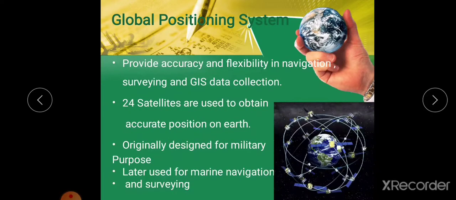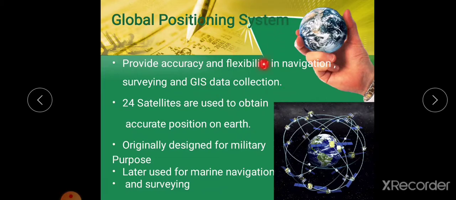And this system provides accuracy and flexibility in navigation, surveying and GIS data collection. We have studied what is GIS. In order to do GIS analysis, we need data. So for this GIS data collection we are using GPS technology, that is, we have to find the location of different parameters, and for that location data we are using the GPS system.